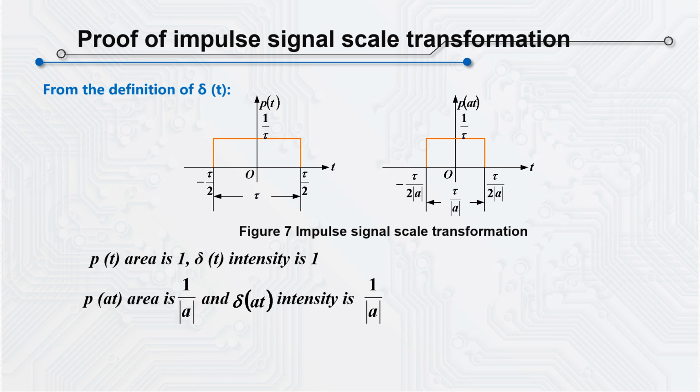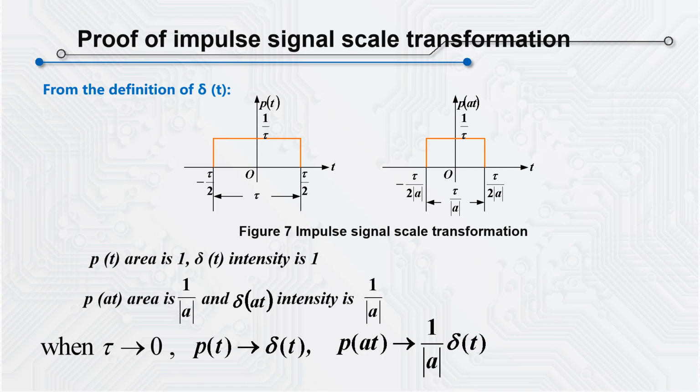The area of p(at) is 1 over the absolute value of a. So the intensity of δ(at) is 1 over the absolute value of a. So when tau is close to 0, and if p(t) is approximated to δ(t), then p(at) should approach δ(t) times 1 over the absolute value of a. Therefore, the scale transformation of δ(t) is different from the scale transformation of general functions.